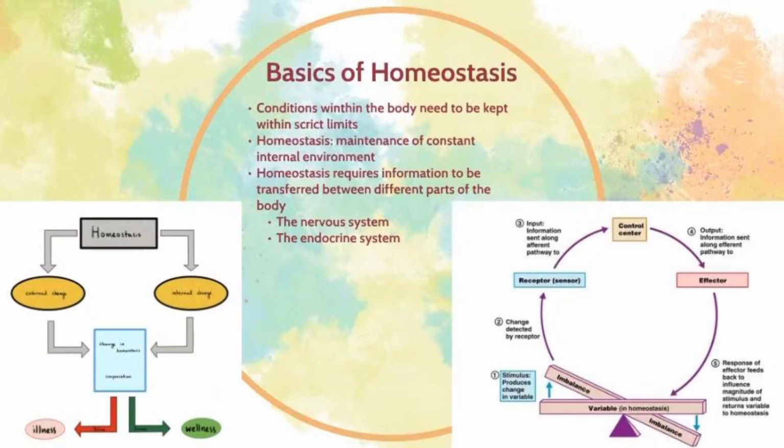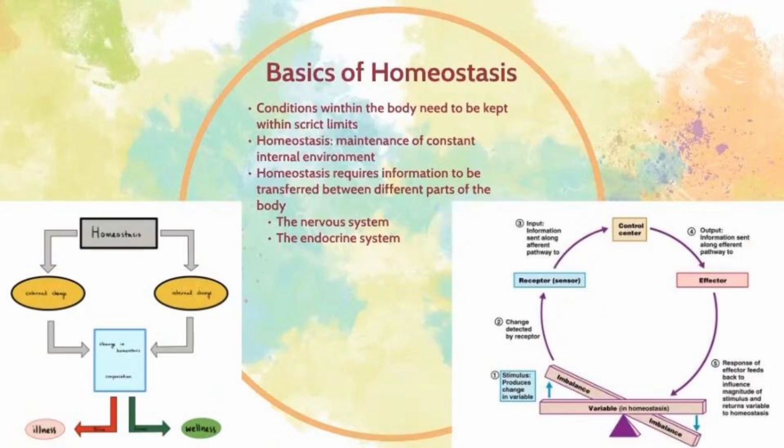This can help release heat from the body to bring your body temperature back down to normal and stop it getting too hot. So you can see that each example of homeostasis will have a receptor or sensor, the control center, and then the effector. That's really important to remember going on throughout the lesson today.